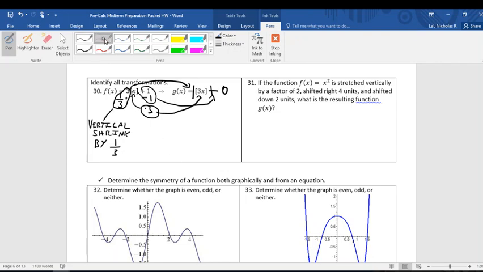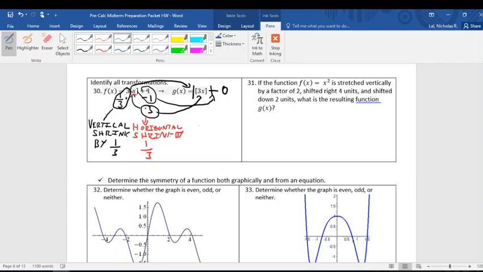This is going to be a horizontal shrink by a factor of 1/3, and this is because, for terms inside the function or inside the brackets, the shrink factor when your coefficient is greater than 1 is 1 divided by your coefficient.